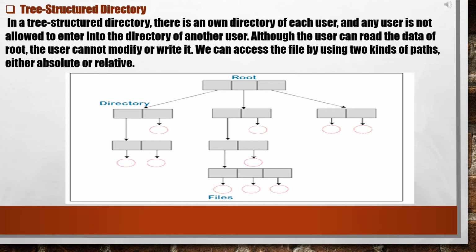The system administrator only has full access to the root directory. In this method, searching is quite effective and we use the current working directory concept. We can access the file by using two kinds of paths, either absolute or relative.